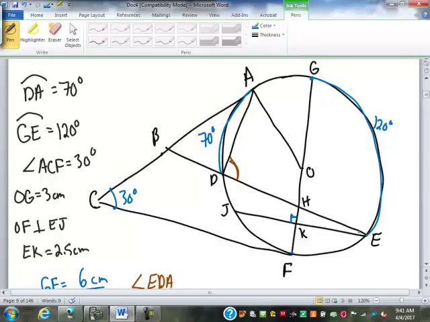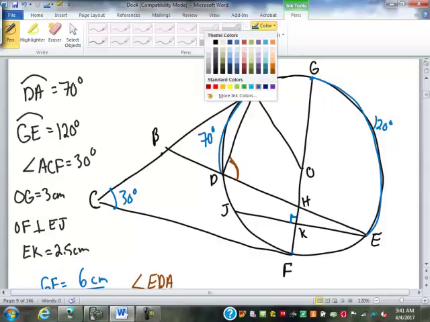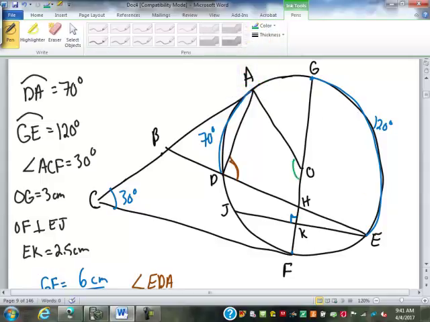So EDA, well, how does any of this help us? Well, we know that this angle right here has to be what? Look at that yellow figure that I highlighted. It's a 4-sided figure, right? You know this is a right angle. You know that's a right angle. 4-sided figure has an angle sum of 360.